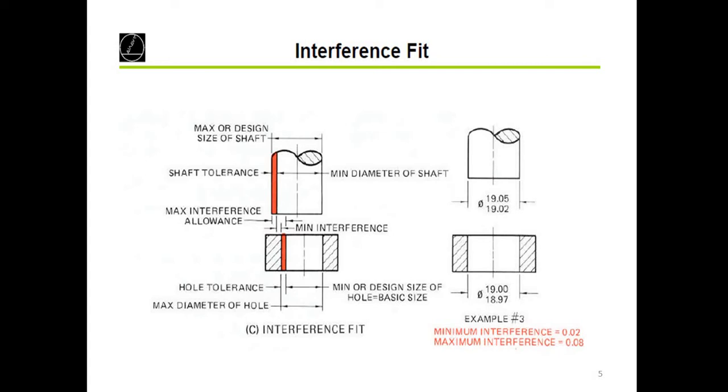The minimum interference comes here 0.02 and the maximum interference comes 0.08, that is 19.02 minus 19, which comes 0.02, and 19.05 minus 18.97, that is 0.08.